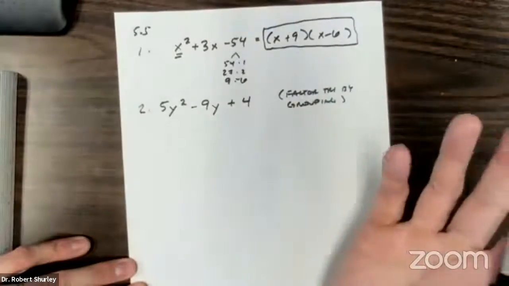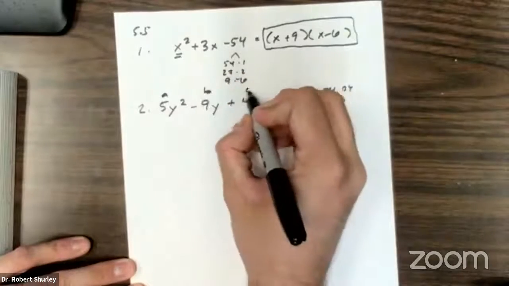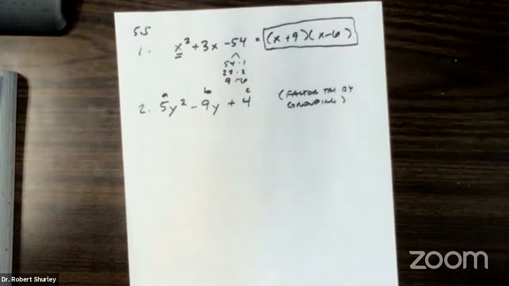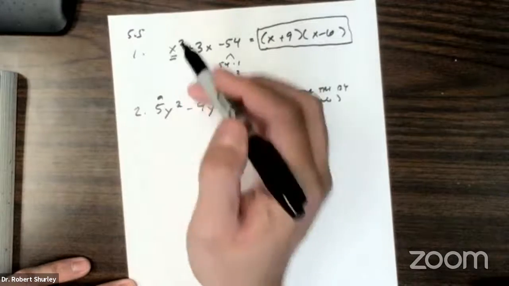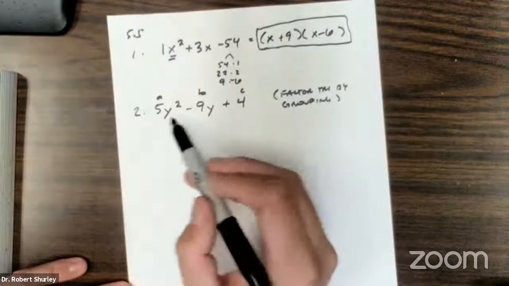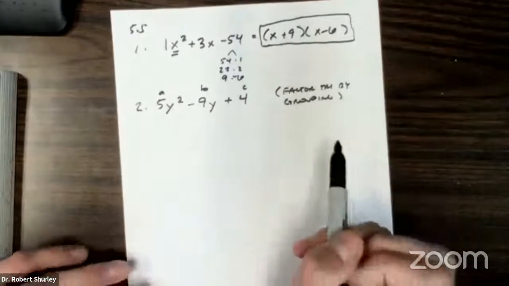If you watch a few videos, you'll see they'll mention this is A, this is B, and this is C. That's for a solving thing we're going to go over at the end of this class, actually. But if the A is not 1, right here the A is really 1, right? If the A is not 1, then we have to use some other method. Now, I'm going to do factoring trinomials by grouping.